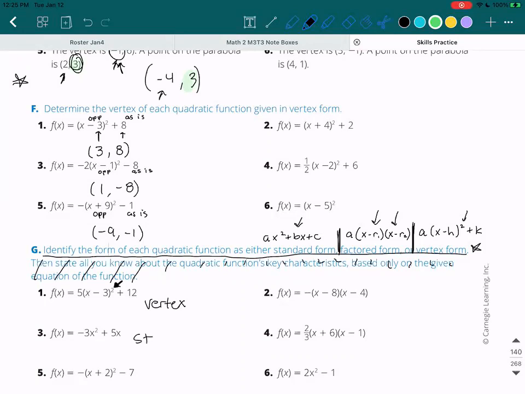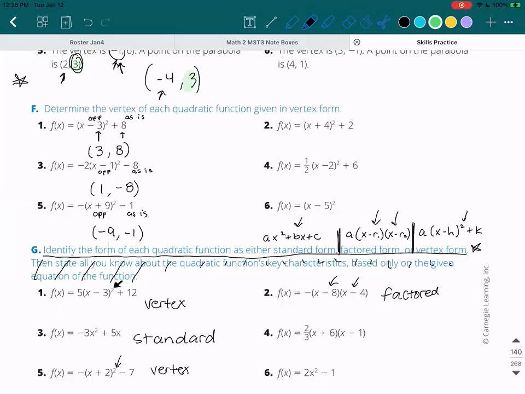Yes. Thank you. And then the last one, I see something being squared in the parentheses. Vertex. Vertex, good. And then because we didn't get an example of it, I see this one, I see 2 parentheses. What would that be? Factored. Yeah. I know that was an even number, but you guys can do 4 and 6 on your own.